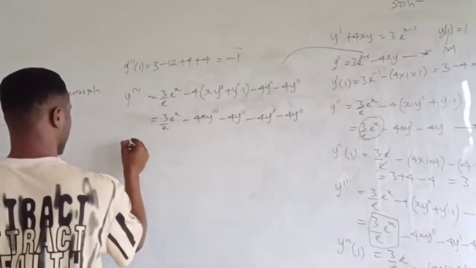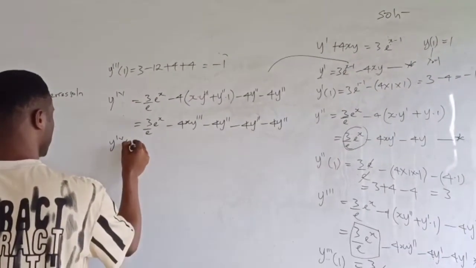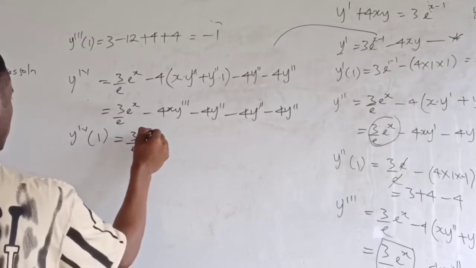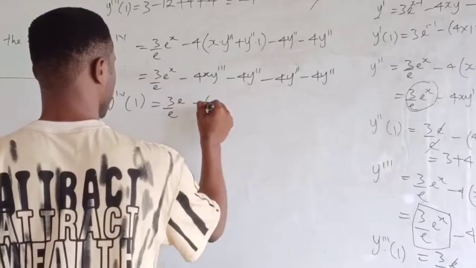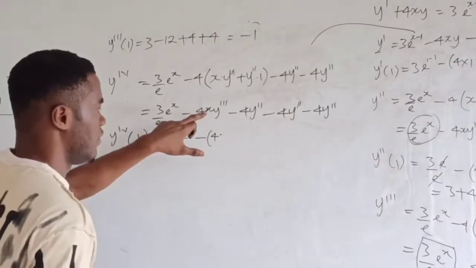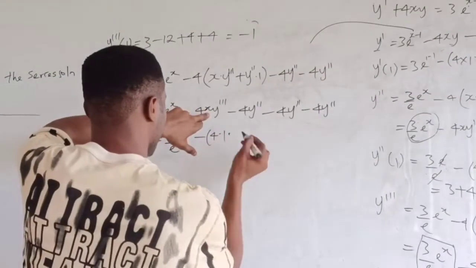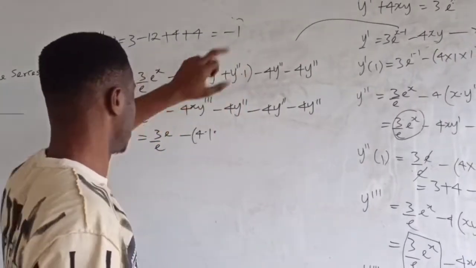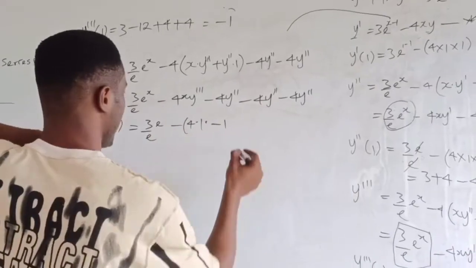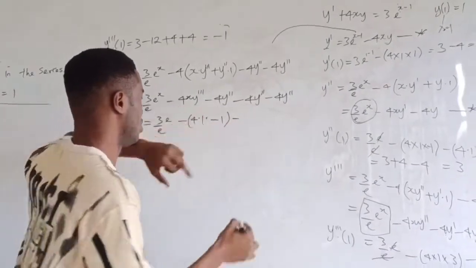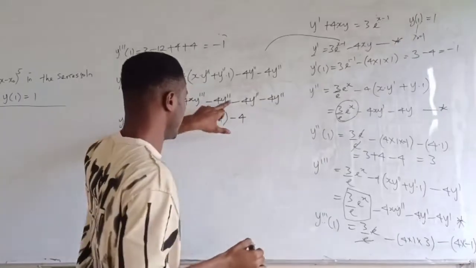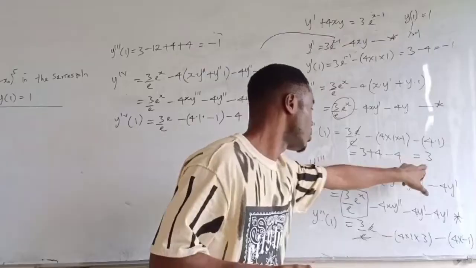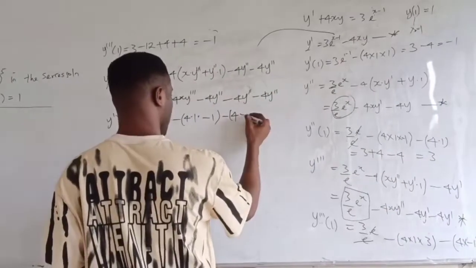Okay, so by imputation of our initial condition gives us 3 over e minus 4 times the value of our x, which is 1. The value of our y to the third differential is -1 minus 4. The value of our second differential is 3, 4 times 3.